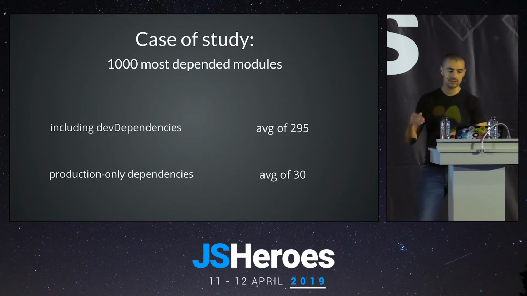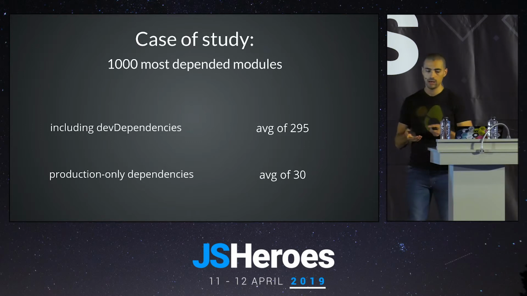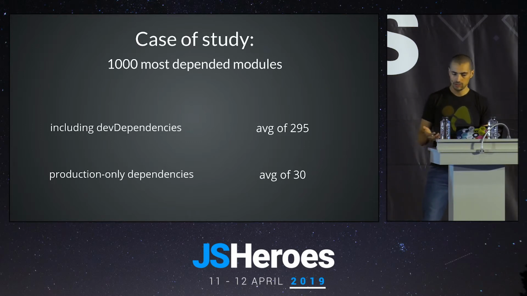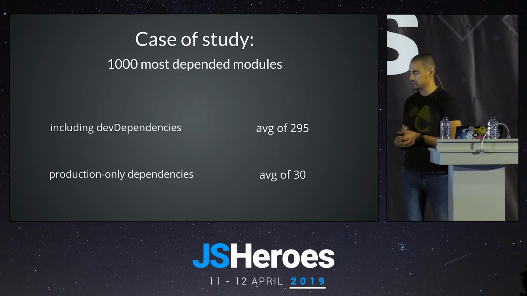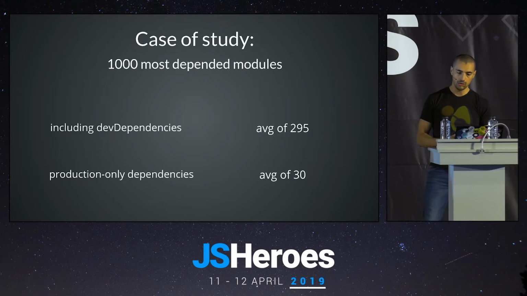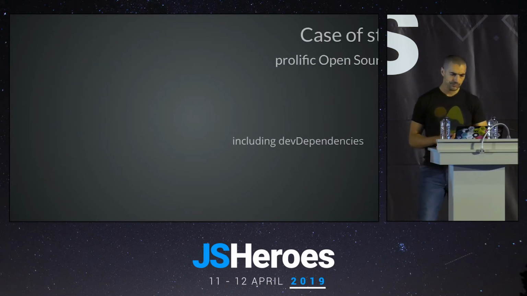But then again, this is the top 1,000 most depended-upon modules, which are mostly libraries that you can use to build things. So I wanted to get something closer to a real-world application, something that you can build or something that you can relate to in your work.